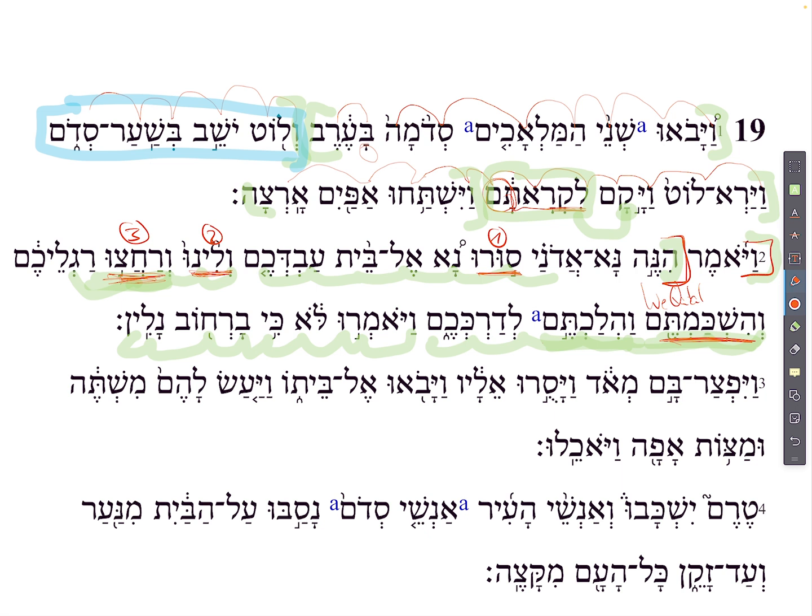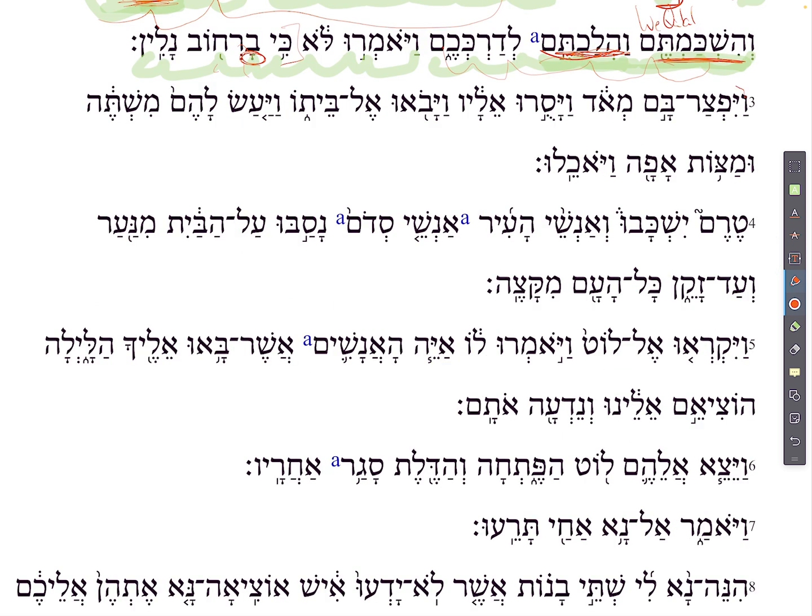And therefore you should translate both veqatals also as imperatives. So turn, stay overnight, wash your feet, and wake up early in the morning and go on your way. And they said, no, in the plaza we stay. Obviously there is an article involved, but in the plaza we stay.